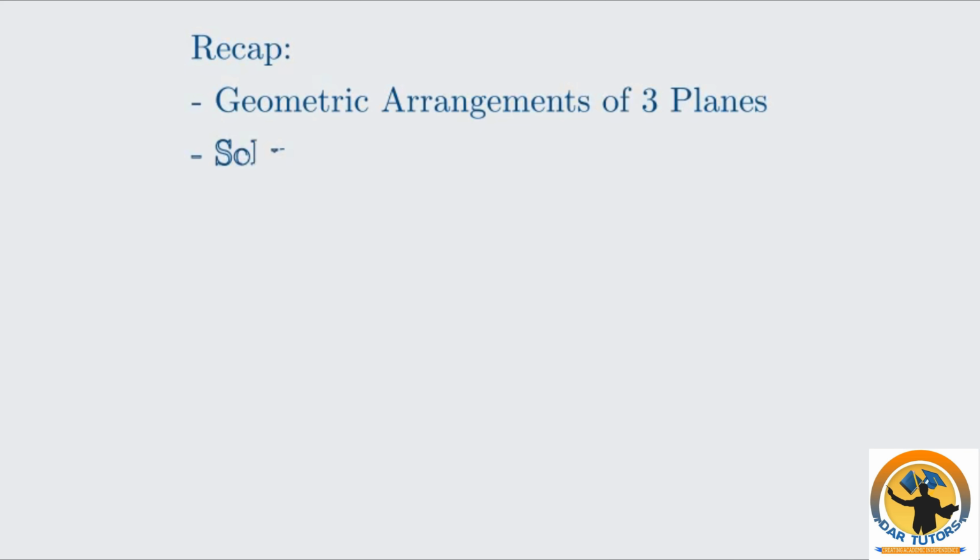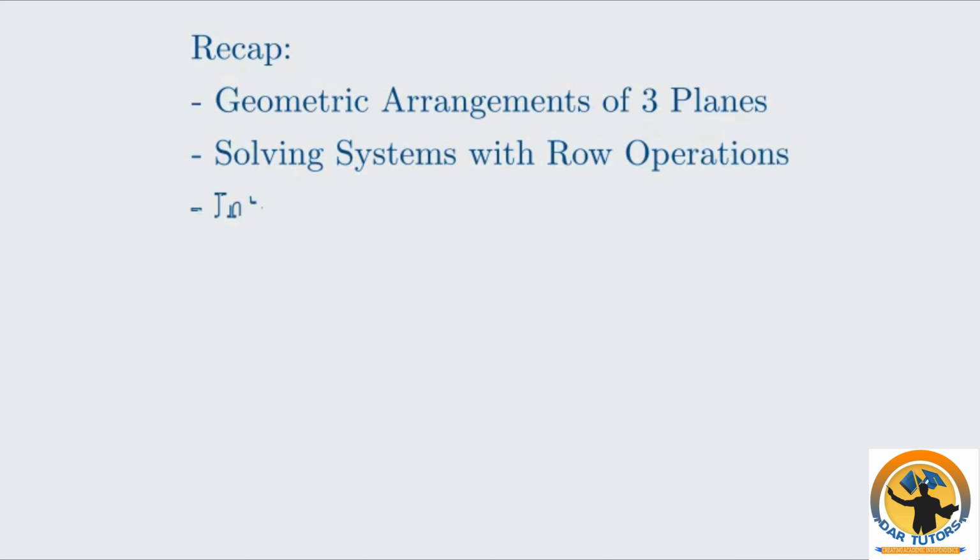Let's recap what we've covered. We started by visualizing the 8 possible geometric arrangements of 3 planes in space. We then learned how to use row operations on an augmented matrix to solve systems of 3 linear equations. We saw how the final row echelon form tells us whether there is a unique solution, infinitely many solutions, or no solution.